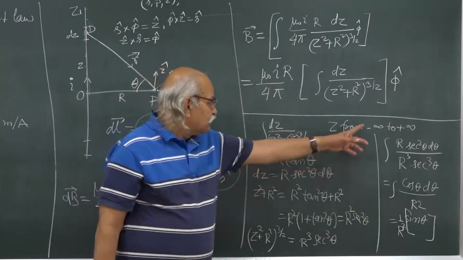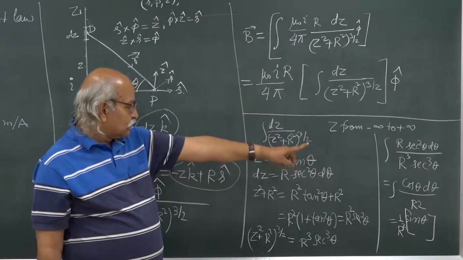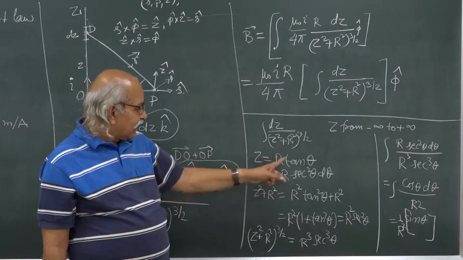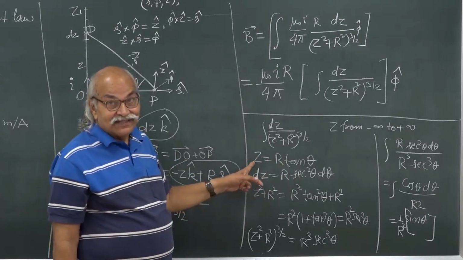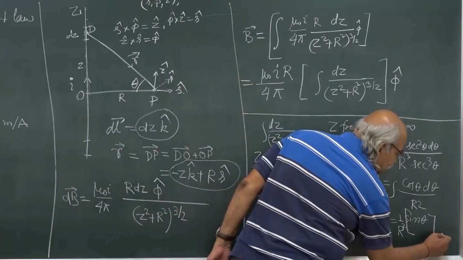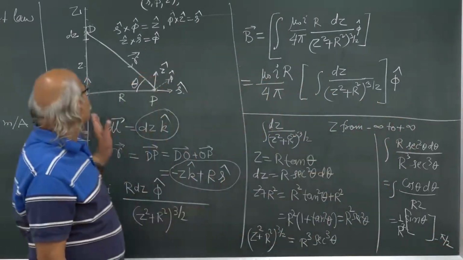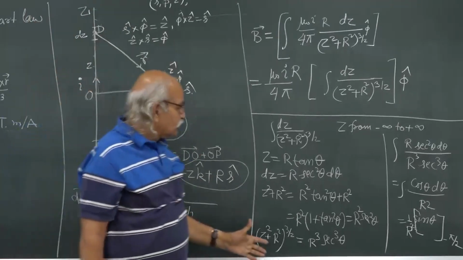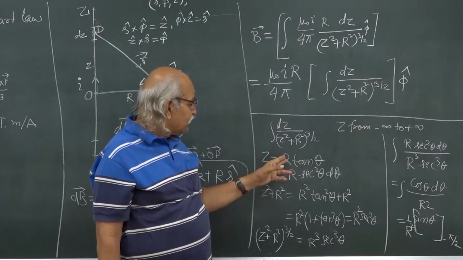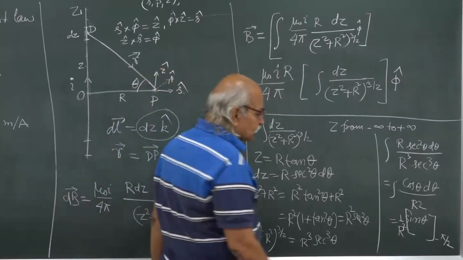If z is minus infinity, tan θ is minus infinity, so θ is minus π by 2. Similarly, z becomes plus infinity, divided by r which is finite, so tan θ is plus infinity, that is π by 2.